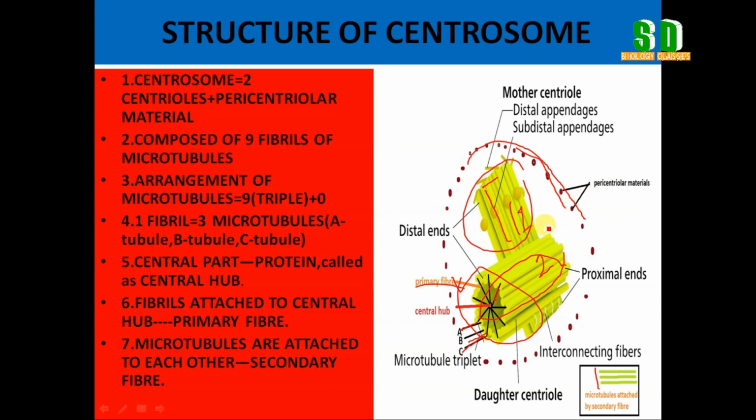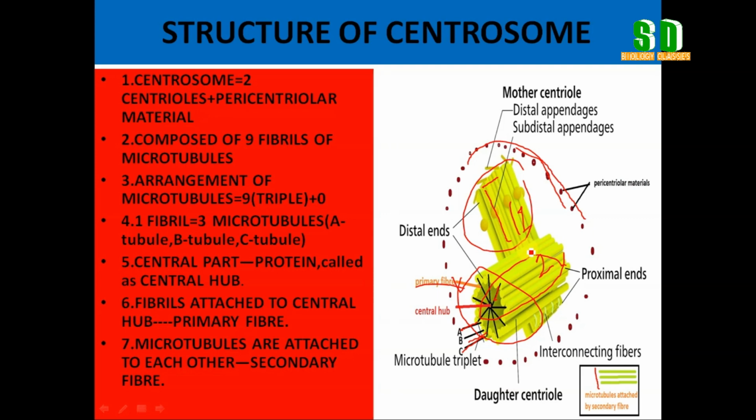Membrane is absent. Second point is that it is composed of 9 fibrils of microtubules. That means if we go to the inner part of the centriole, there are 3 microtubules, microtubule A, B and C. And these 3 microtubules are present in each and every fibril.